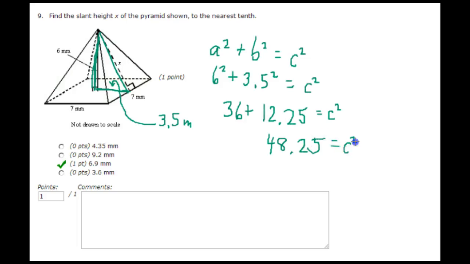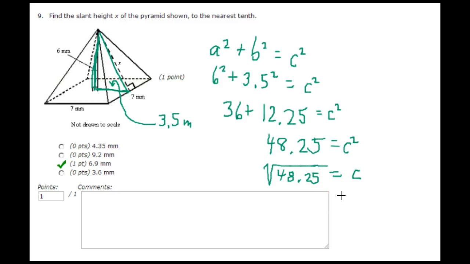Okay, now we can't leave it at this because we're not trying to find c squared, we're ultimately wanting to find c. So if we take the square root of both sides of this equation, this will give us c, and all we're left to do is find the square root of 48.25. Now obviously this is not a perfect square, so we're going to have to round it.